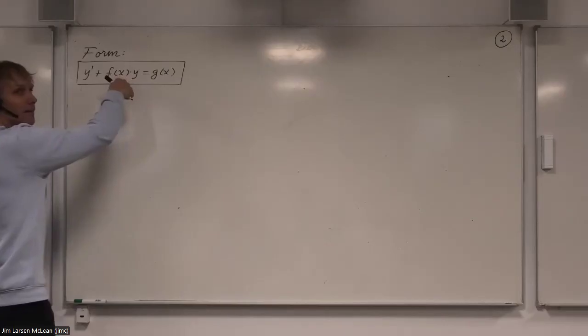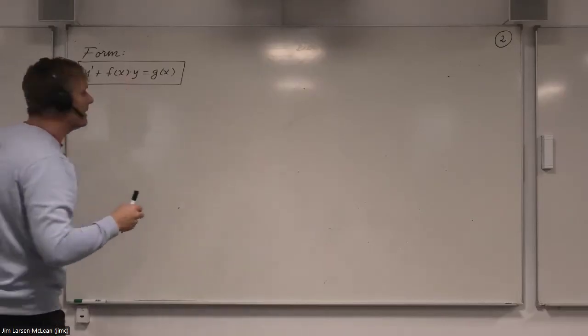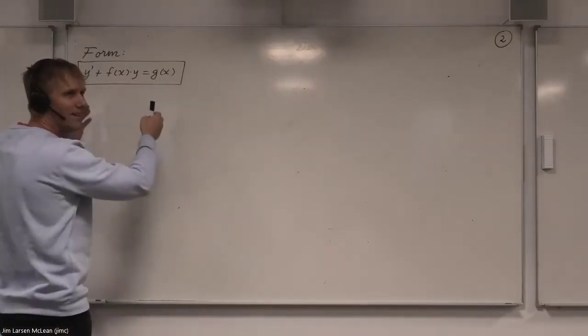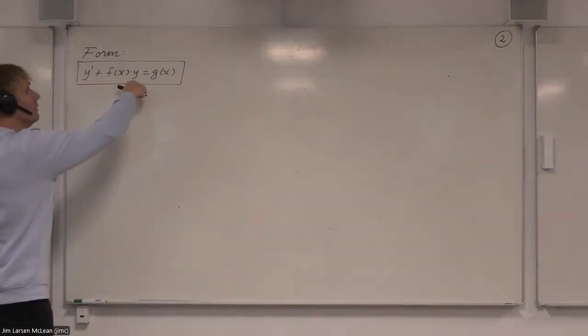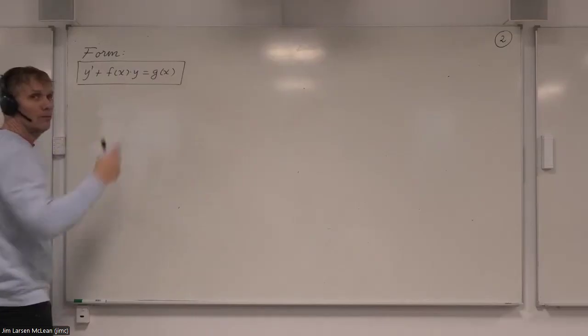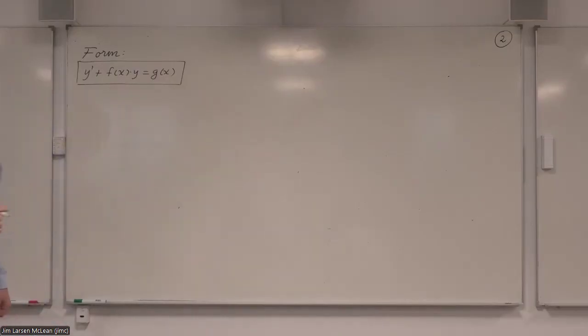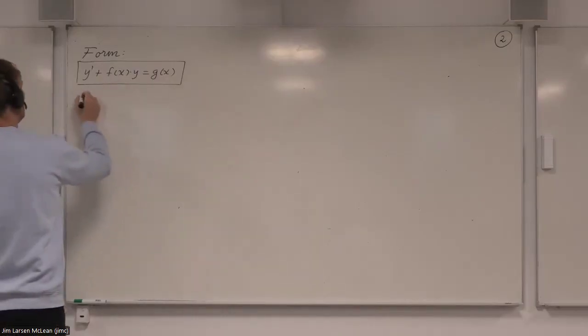A great many things in the world behave like that, where the growth rate plus some function times the function itself equals another function. That's how a lot of things behave in physics. And when solving that problem, we have a solution that looks like this.